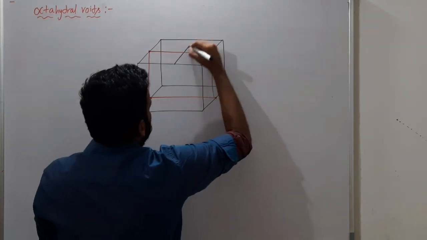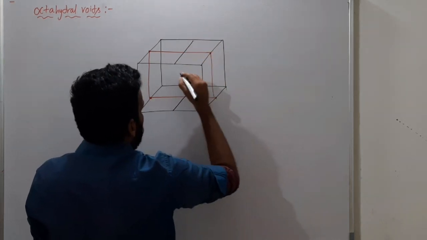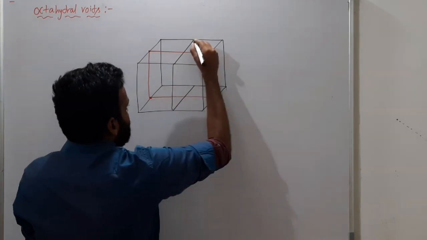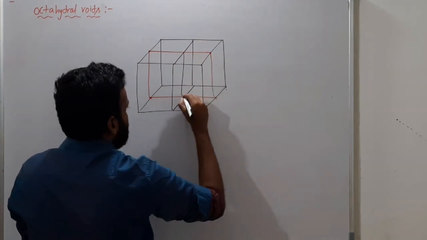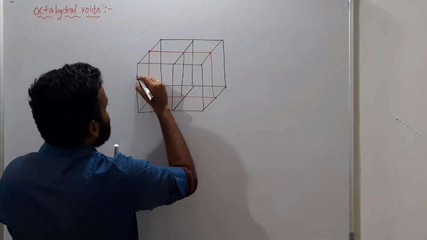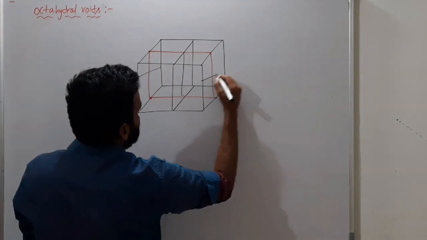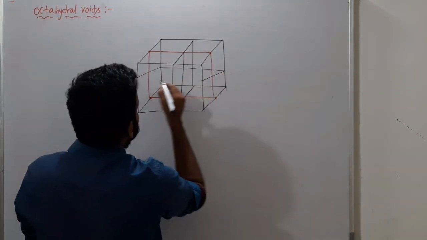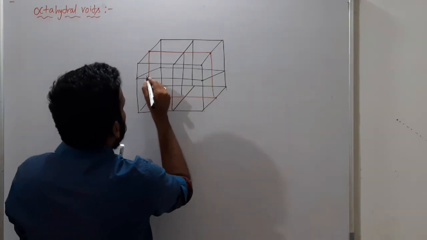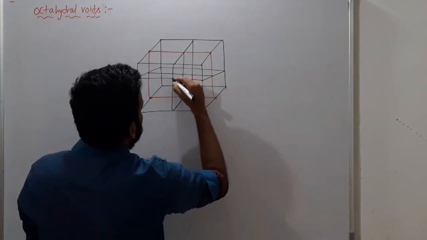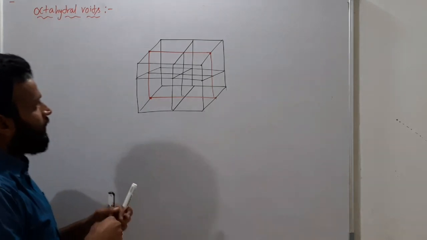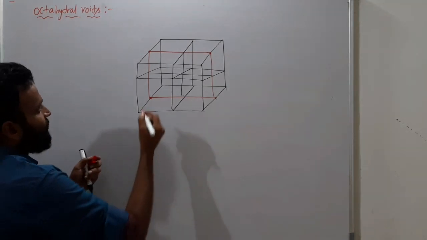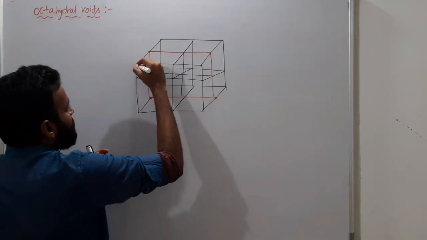Now between these two, and between this and this. Now in FCC you have face center atoms as well as corner atoms.